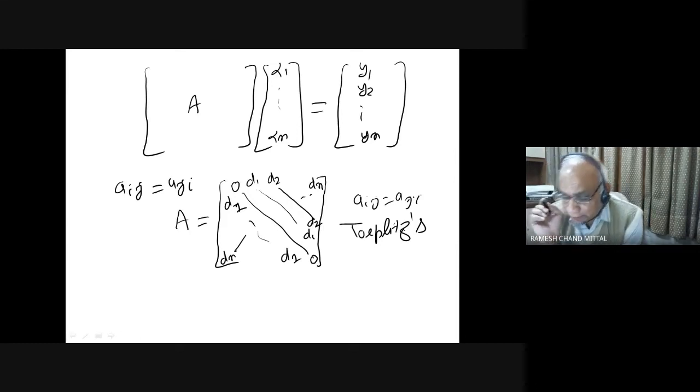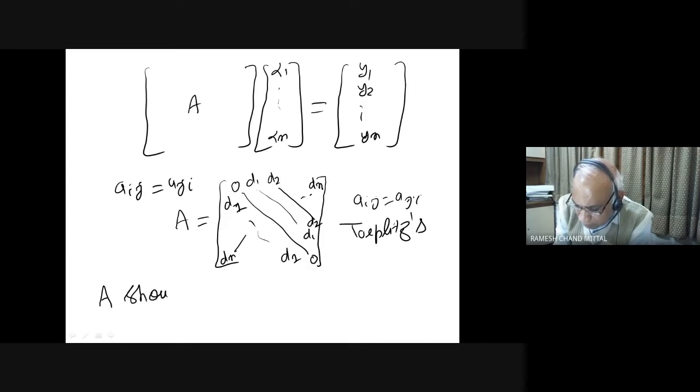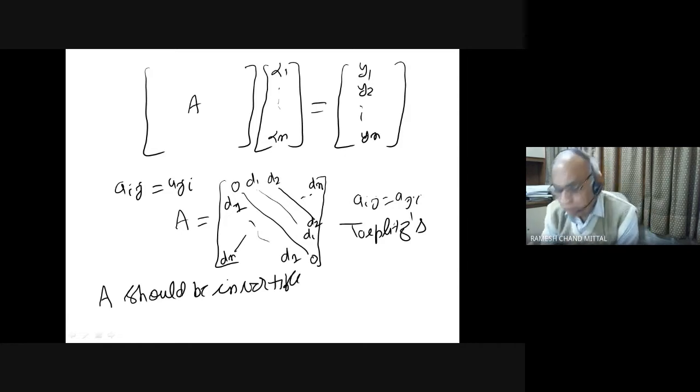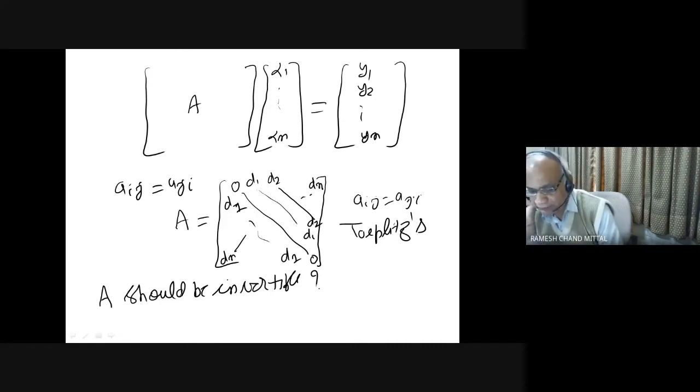The problem is that my A should be invertible. That is the problem. If my A is invertible, then the alphas can be obtained. Then my radial basis function can be used for the interpolation. That's the point which I want to make.